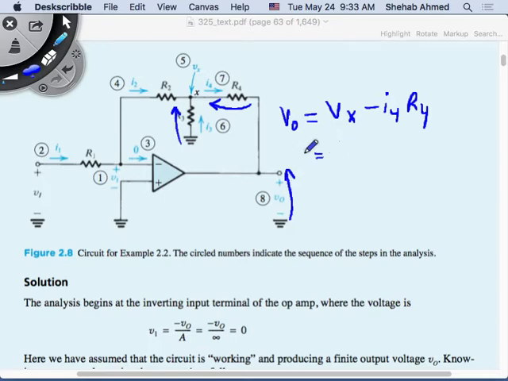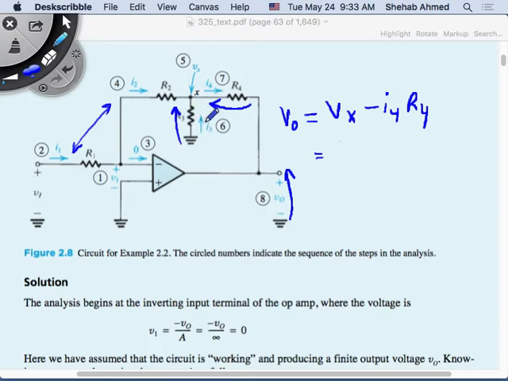What did you want to put on the left hand side here? Vx and I4. But I4 we will calculate by summing up I2 and I3. I2 is equal to I1, and I3 is equal to Vx over R3.